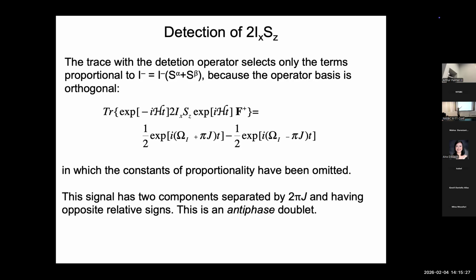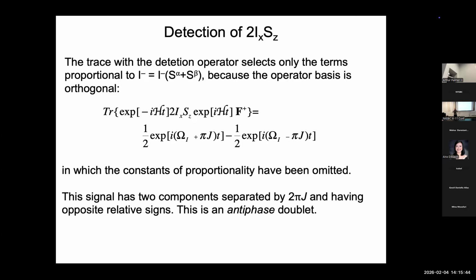It has to evolve in order to become detectable. It can only evolve into something that's detectable if there's a J coupling. So if we decouple and there's no J coupling, there's going to be no signal.